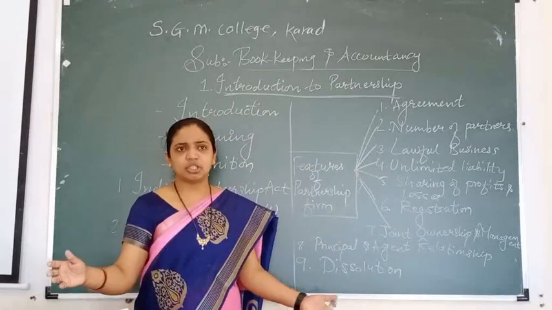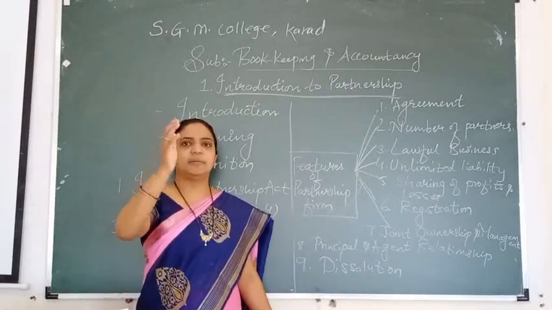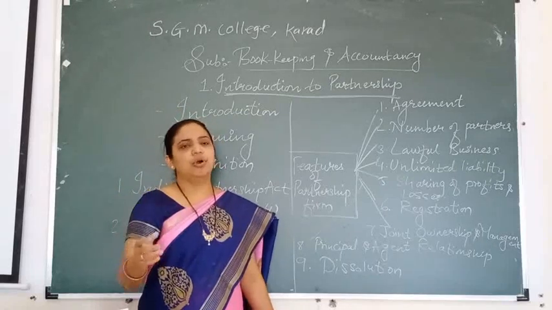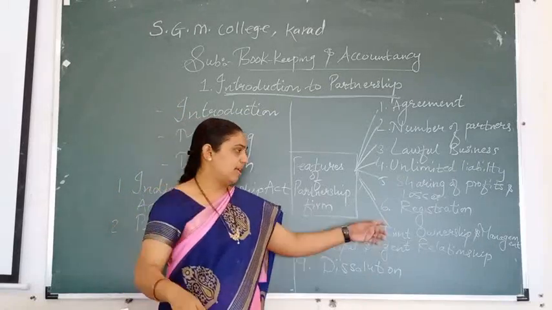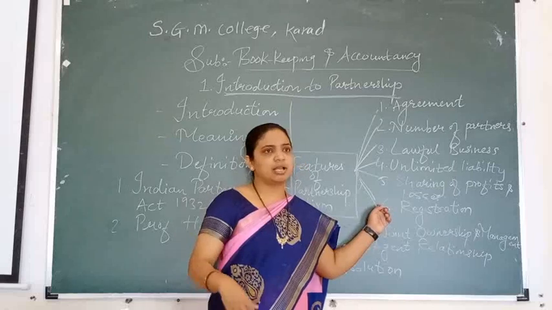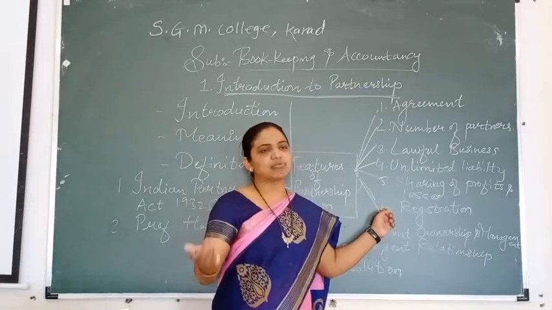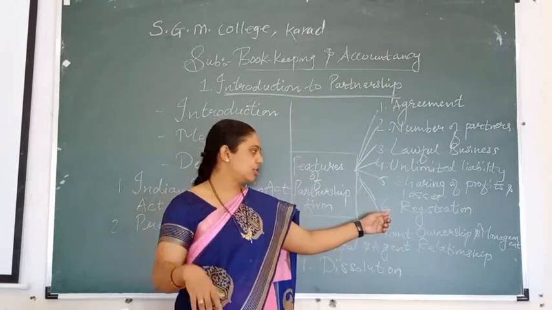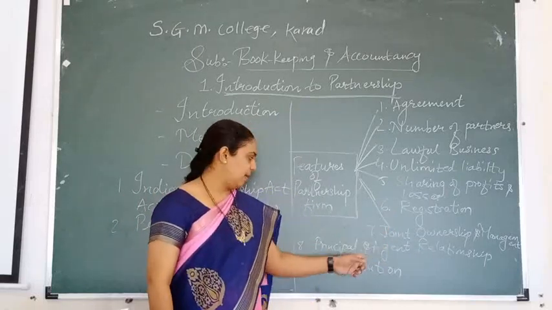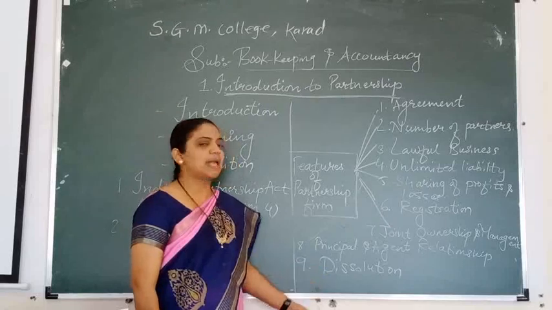If it is not mentioned, the deed is silent, and you go according to the deed as equal. Registration is compulsory in Maharashtra, but outside Maharashtra it is optional whether you register or not. Then joint ownership, management, principal and agent relationship, and dissolution.